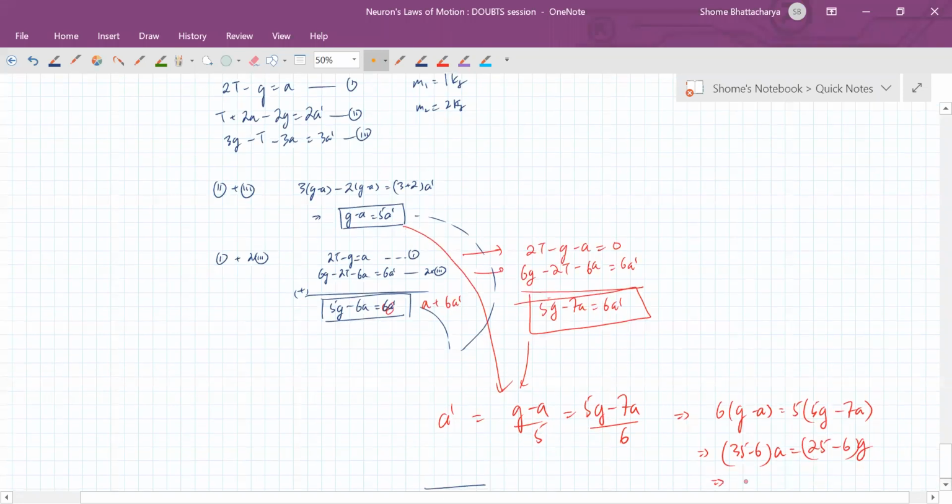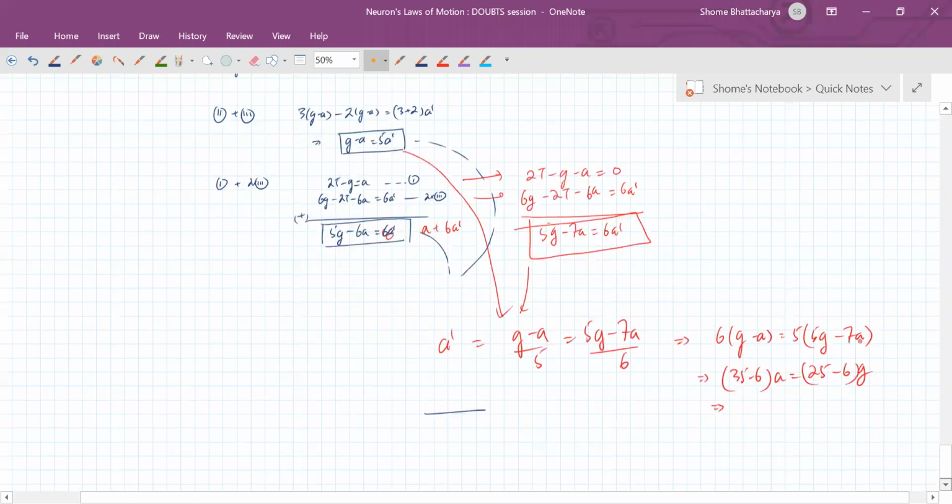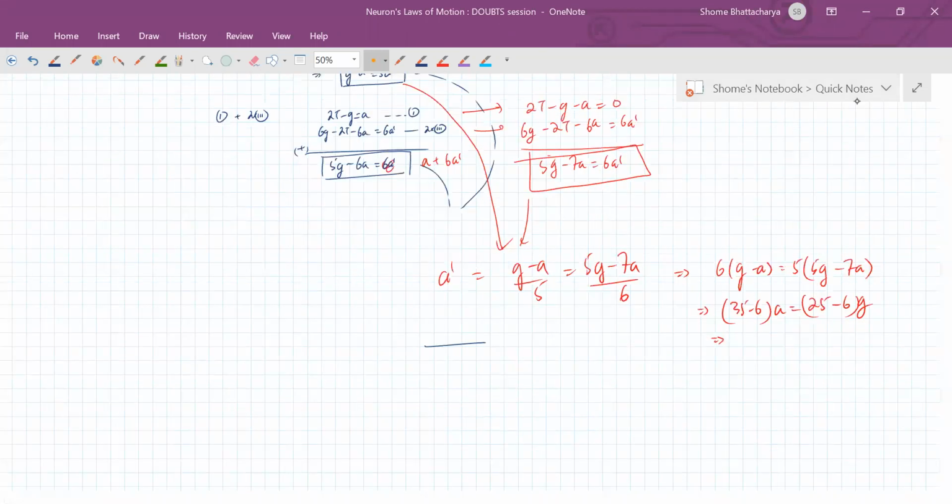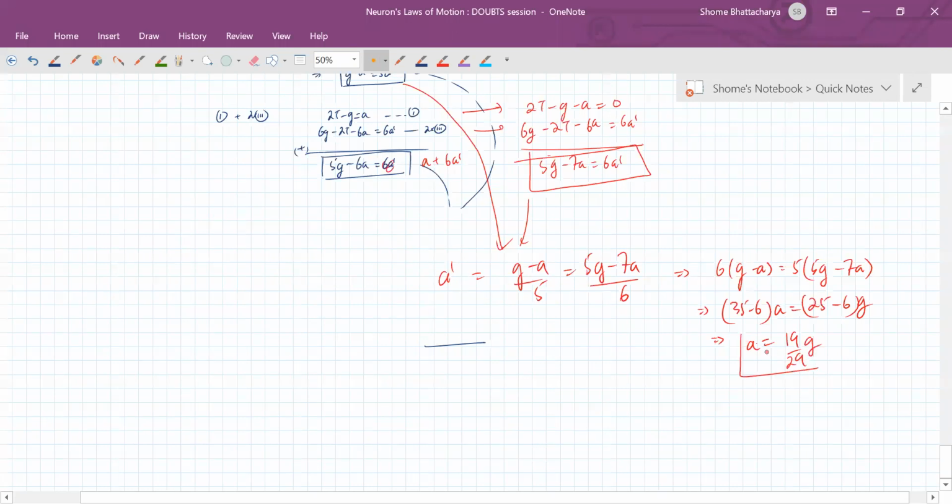So we'll get the acceleration a to be 19 by 29 g. And a prime will come out to be g minus a by 5.